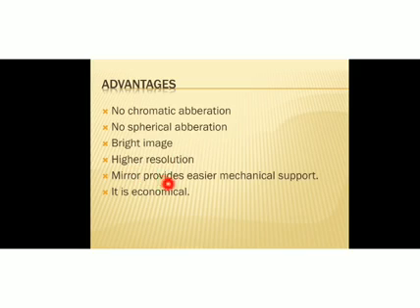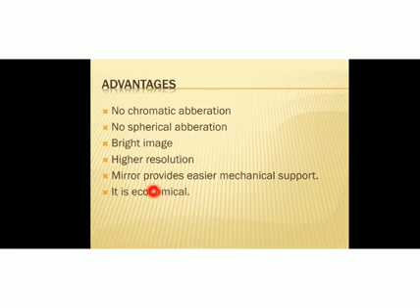Then next, the mirror provides easier mechanical support over its entire back surface. Also, it is difficult and expensive to make large sized lenses free from chromatic aberration and distortions. So it's very easy, and also very economical, to make a reflecting type telescope.